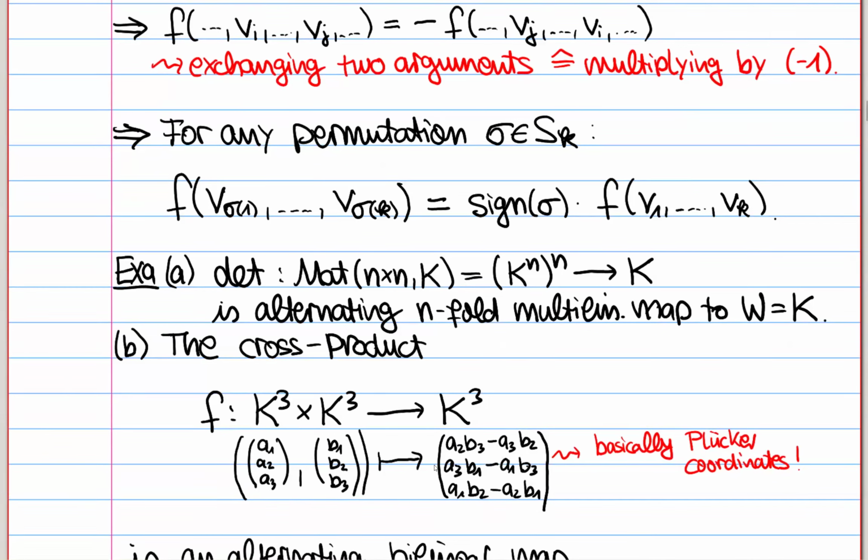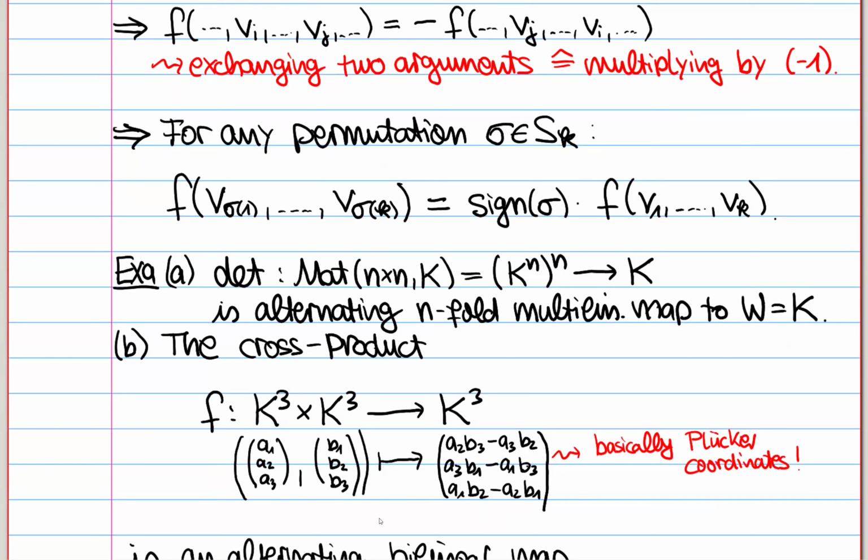So this is an alternating 2-fold multilinear map. And one thing we observe here with the motivation that we had from the last video is that the entries here are exactly the maximal minors of this 3×2 matrix, up to maybe a sign.